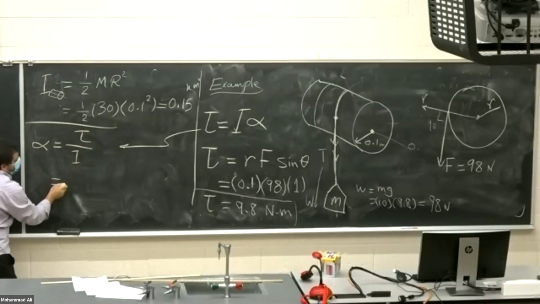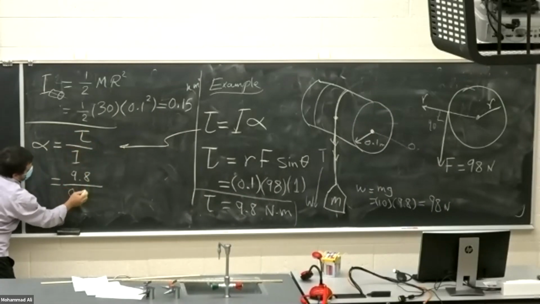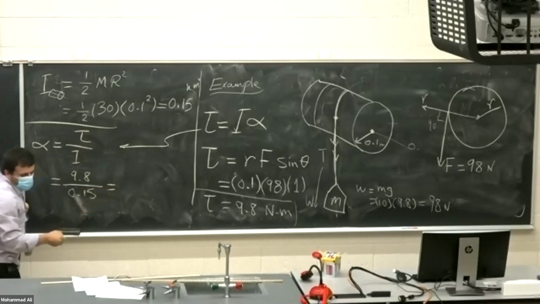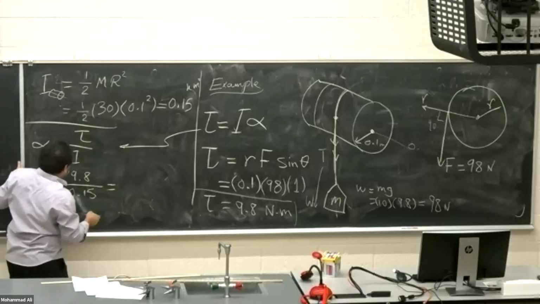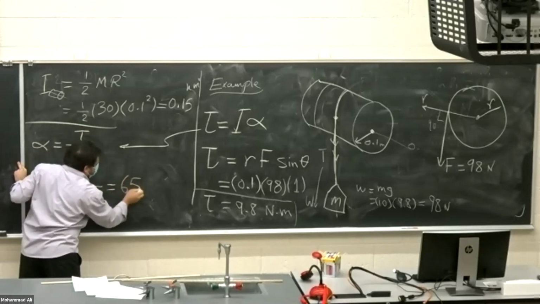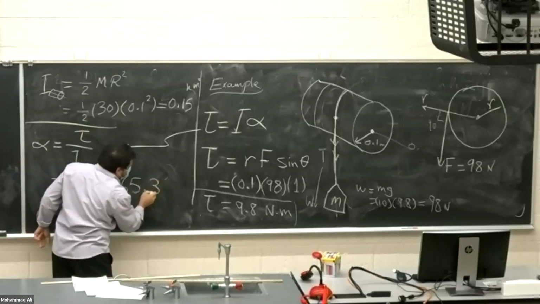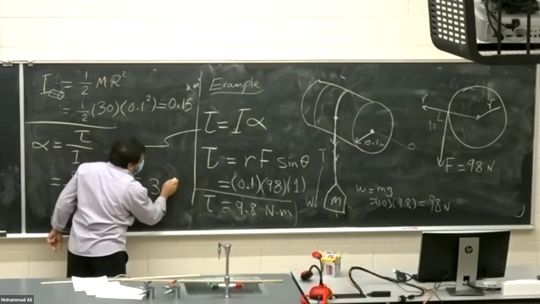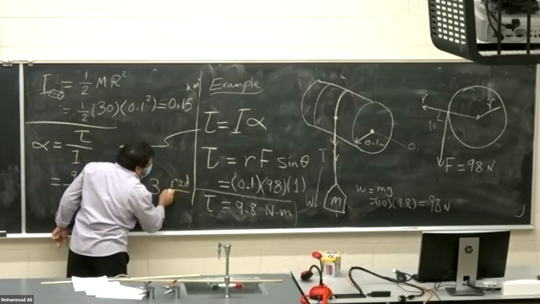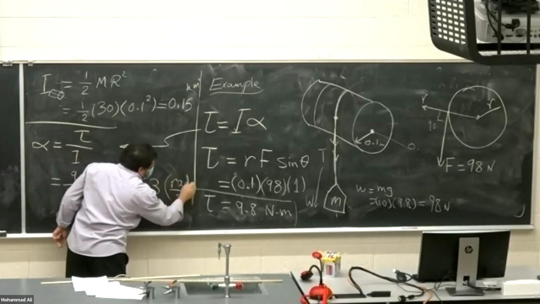The torque is 9.8 divided by that number. It will be equal to 65.6 or 8. What is the unit of angular acceleration? It is radian per square second.